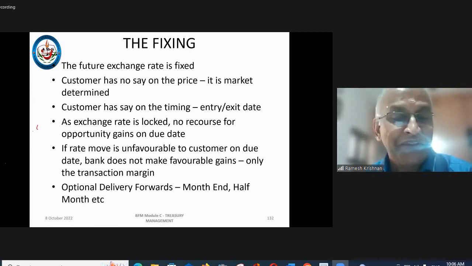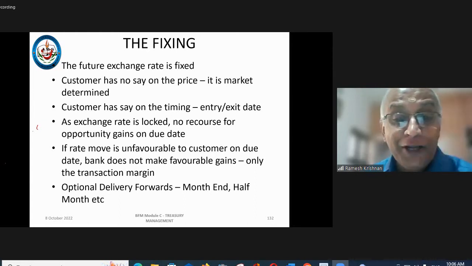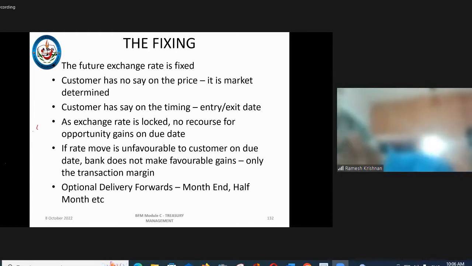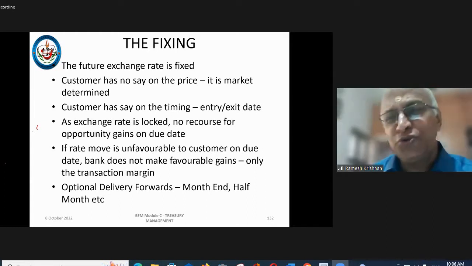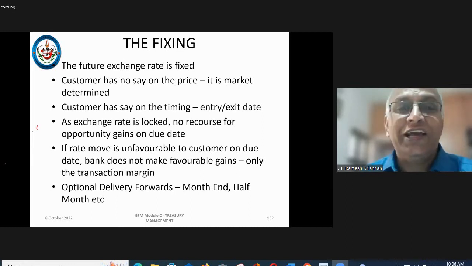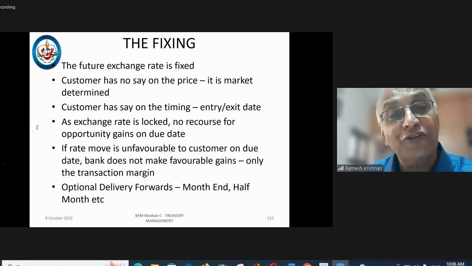So optional delivery forwards means the customer is not too sure whether I will get the dollar on the 10th or 15th or 24th. So he says, any day in December, you take the dollar from me. So from 1st to 30th, he is taking an optional range for the date of maturity or date of tendering of the dollar bill to the bank.